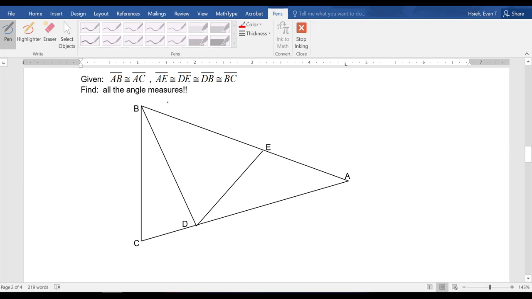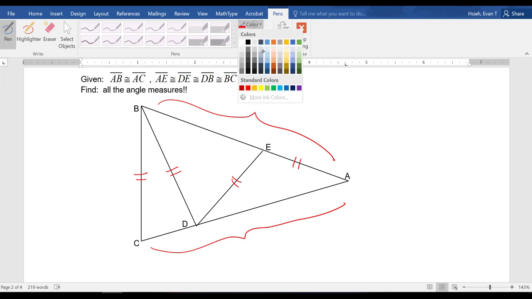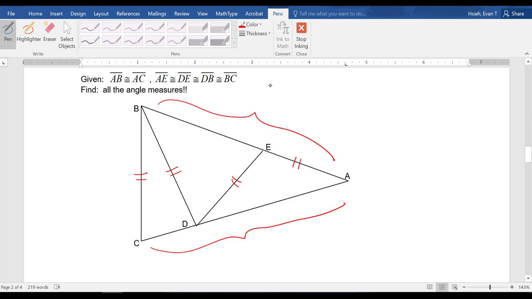In this problem, it's given that this whole side is congruent to this whole side, so it's an isosceles triangle. I also know that AE is congruent to DE, which is congruent to DB, which is congruent to BC. They're all congruent to each other, which means you've got a whole bunch of isosceles triangles there. What you're supposed to find here is all the angle measures.